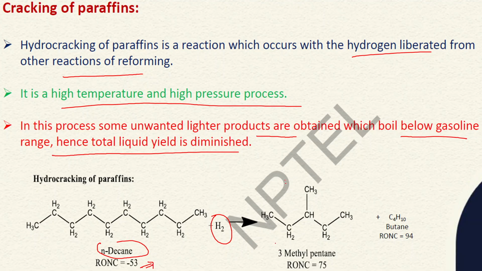Sometimes it may form some isoparaffins as well as some smaller n-paraffins, as here it formed n-butane, which has a research octane number of 94, and 3-methyl pentane, which is an isoparaffin, which has a research octane number of 75, which is much better than the original research octane number of the reactant, which is -53.